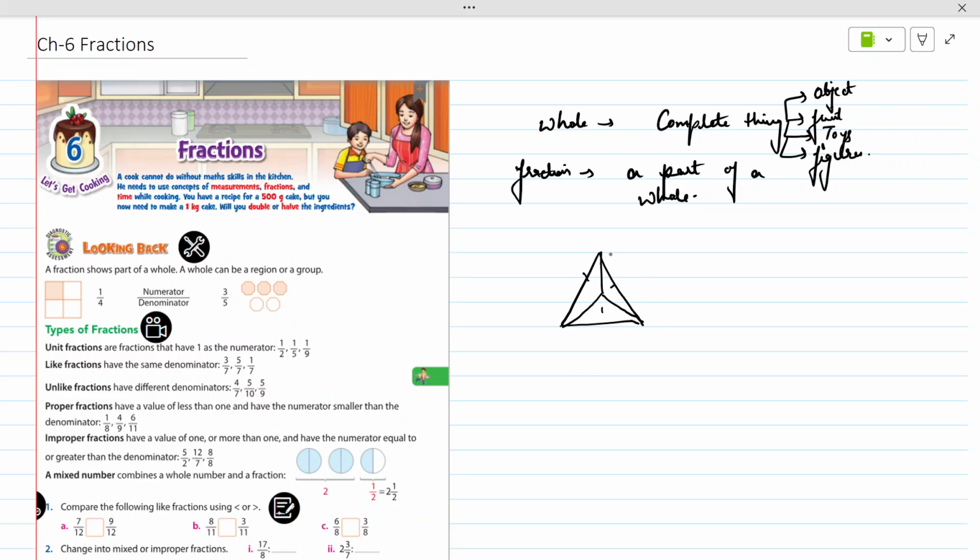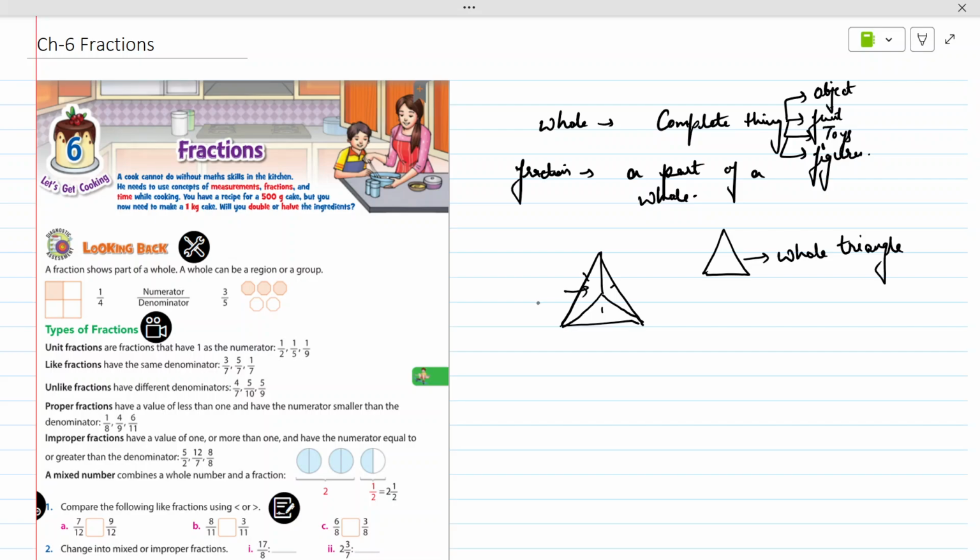So this complete triangle, which was this before, this is a whole thing. This is a whole triangle, means a complete triangle. And when I'm dividing it into the three parts, then each part is a fraction of this whole.